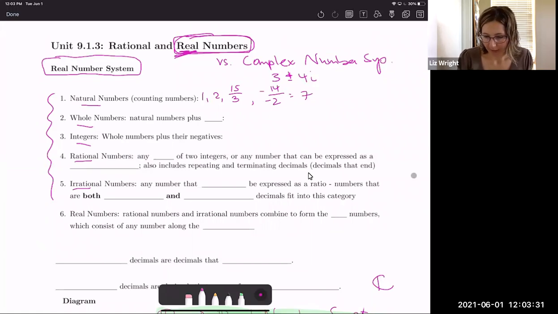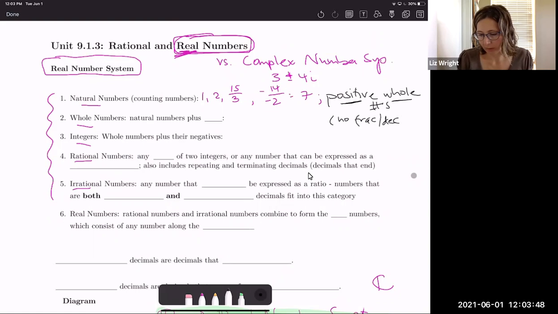I'm going to write that in there. They are positive whole numbers. That means no fractions or decimals or negatives.